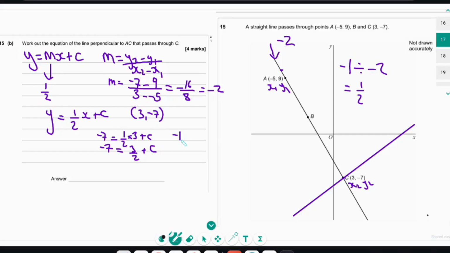So -17 over 2, or -8.5, is equal to c. So the equation of the line is y equals 0.5x minus 8.5, or you might have half x minus 17 over 2.